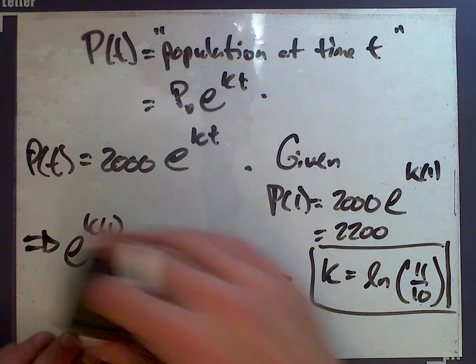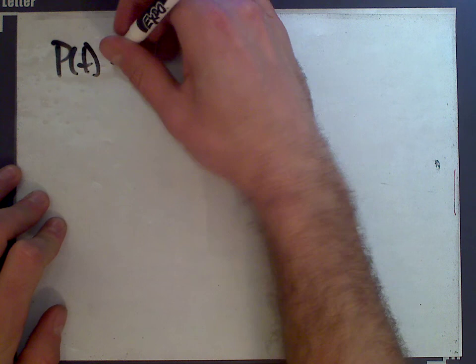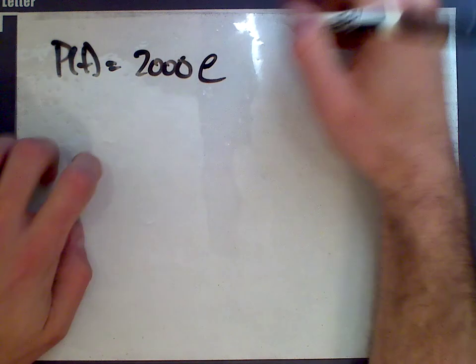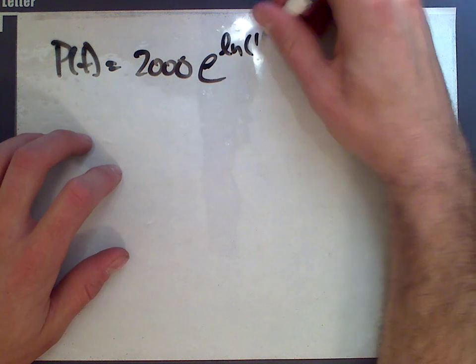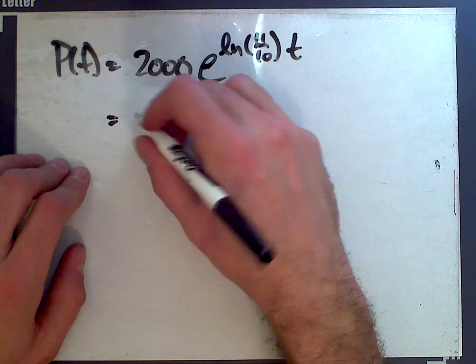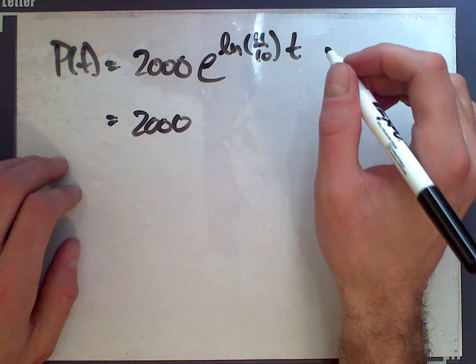All right, so let's plug this back in to get a formula for P without any unknowns. It's 2,000 e to the kt. So k for us was ln of 11 over 10 times t. I could rewrite this using exponent properties and properties of log.